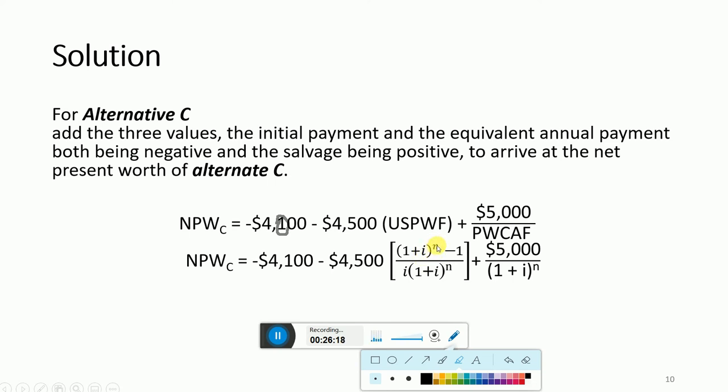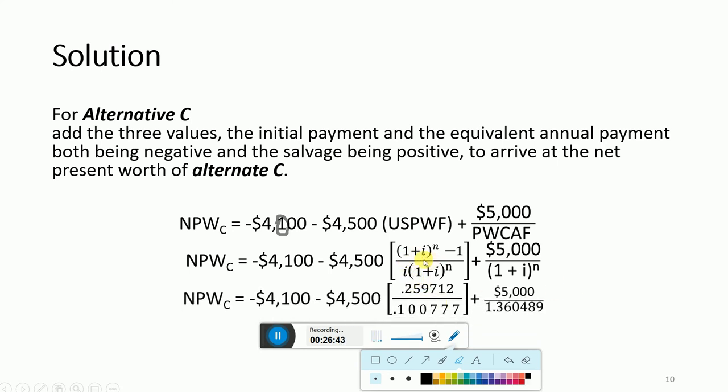And here we are going to use 3 because this is for 3 years. Here we are going to use I as 0.08 and N as 4, because the salvage value is for 4 years. However, this value we are going to use for 3 years.